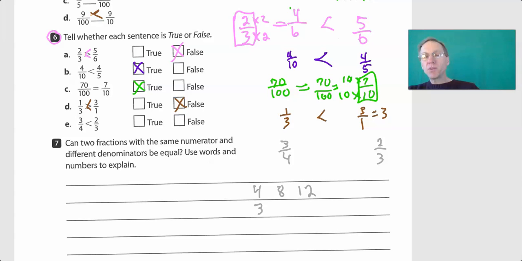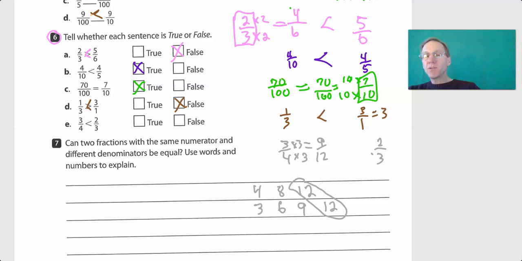Now I have the pizza with 3 slices. If I double the number of slices in the pizza, 3 times 2, I get 6. If I triple it, I get 9. If I quadruple it, times 4, I get 12. I can get the same denominator here. I have to triple that one: 9/12.